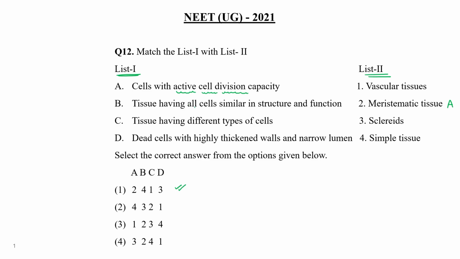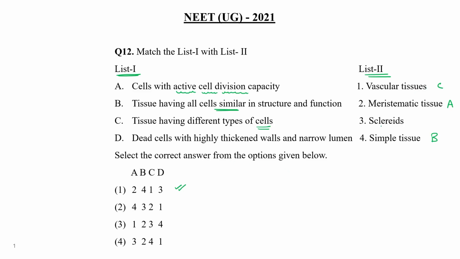Tissue having all cells similar in structure and function, simple tissue, right? Tissue having different types of cells, so vascular bundle here, xylem, phloem, right? Xylem components, phloem components, companion cell, vessel, tracheids, all are there, right? Which involve different kinds of functions.